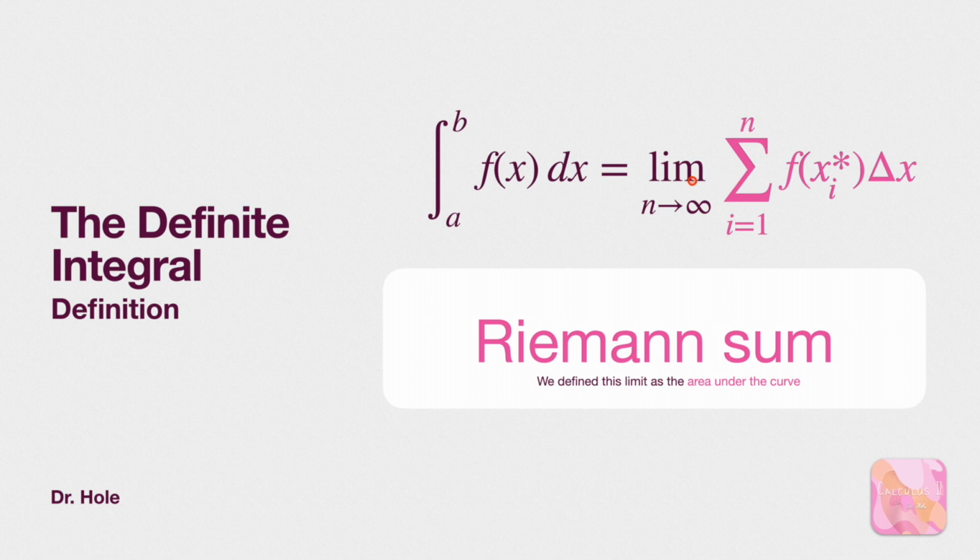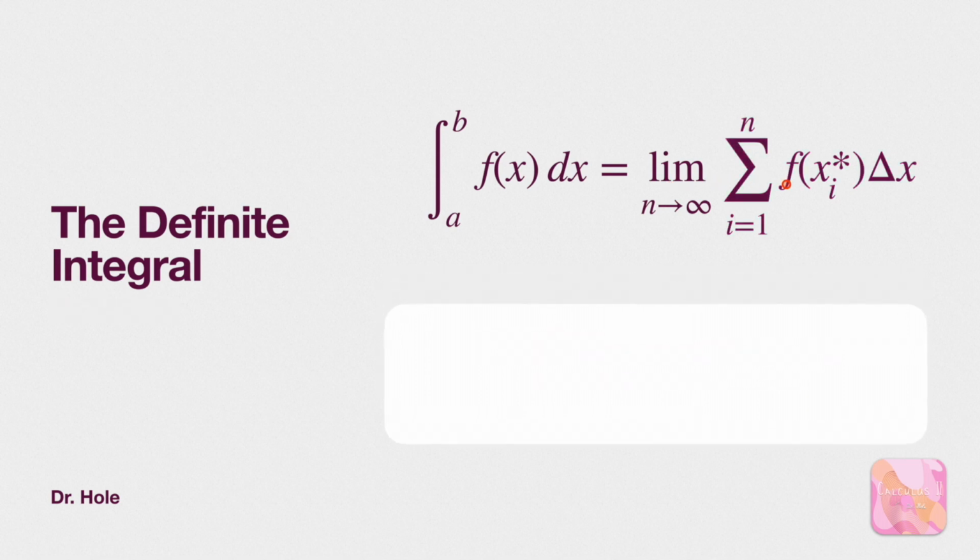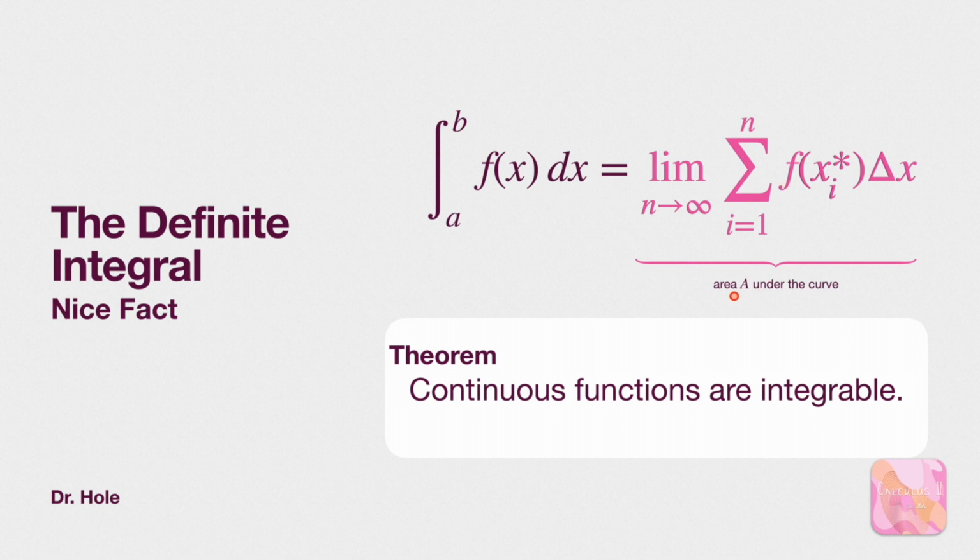And in that case, this right-hand side was defined as the area under the curve, so that this limit does exist. Then by the definition of a definite integral, as this limit exists, that's showing you that the function f is integrable. Hence this theorem, if you have a continuous function, then you have area under its curve, and thus the function is integrable.